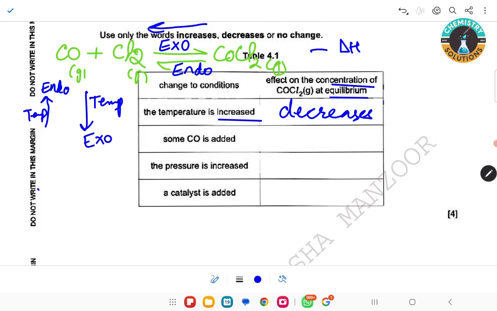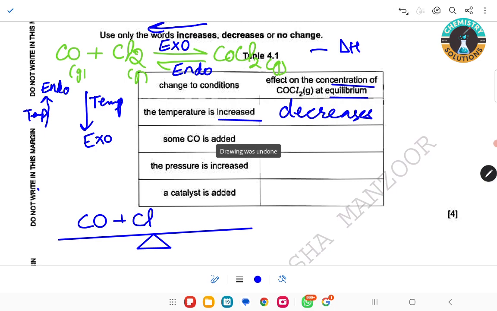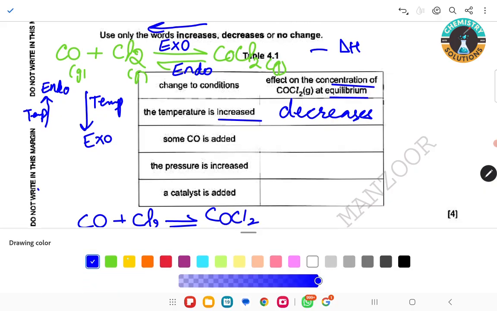Some carbon monoxide is added. Always remember, whenever we are talking about a reversible reaction, think of a seesaw: CO plus Cl2 on one side, COCl2 on the other.